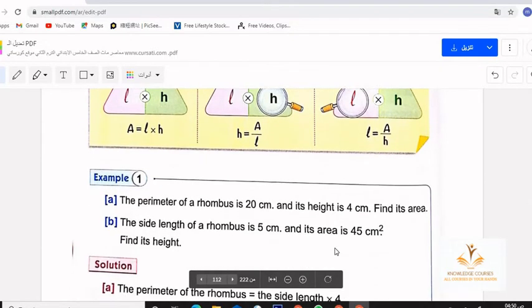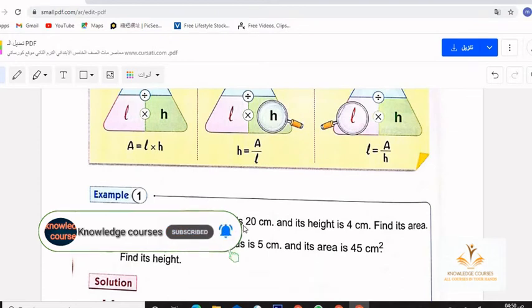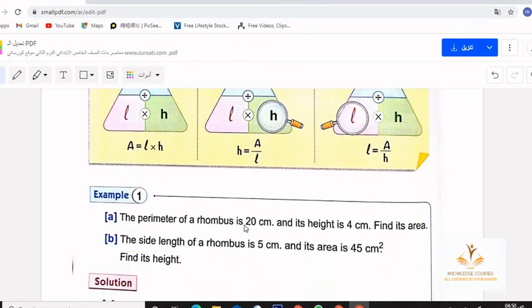Example: the perimeter of a rhombus equals 20 and its height equals 4 centimeters. We know all sides of the rhombus are equal, so the perimeter equals 4L.